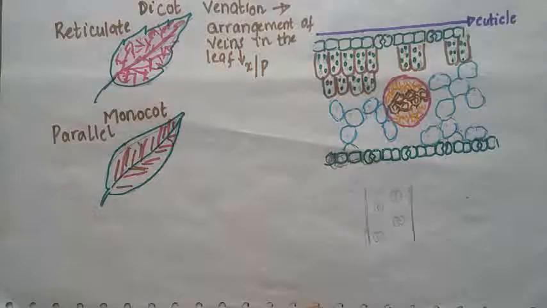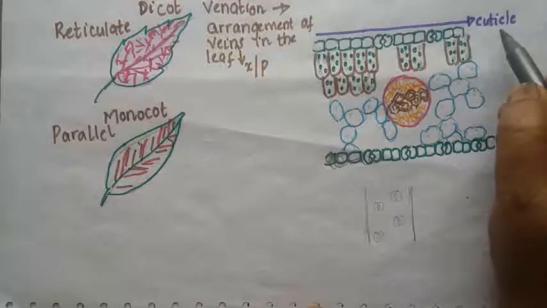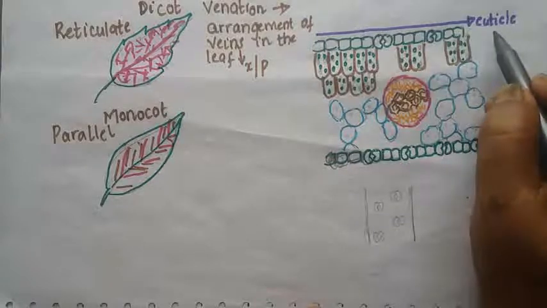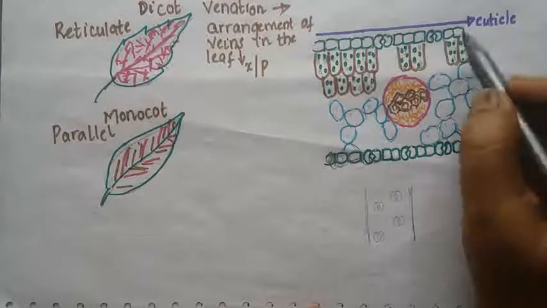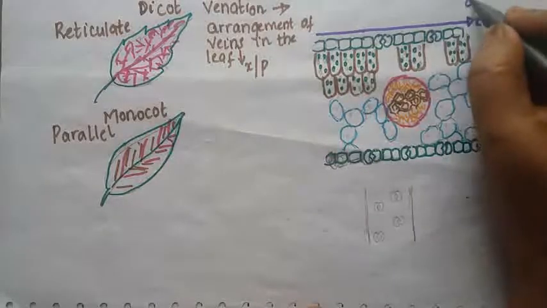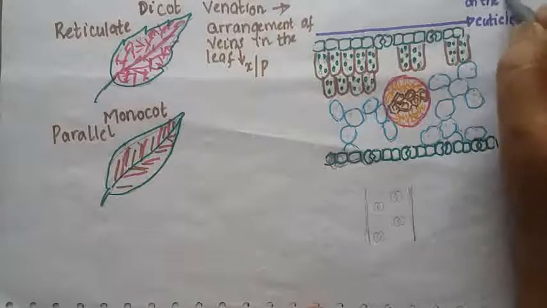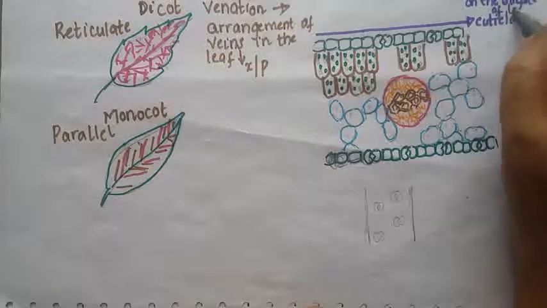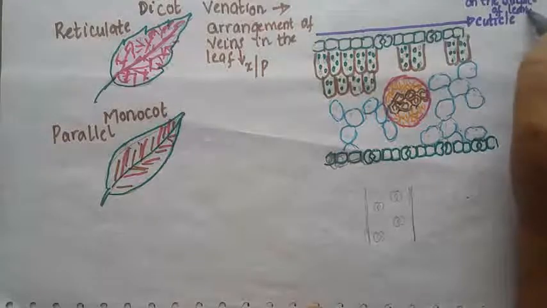I said one of the structures that helps in transpiration is the cuticle. So what is the location of the cuticle? Cuticle is found on the surface of the leaves, or you can say on the epidermis of the leaves.